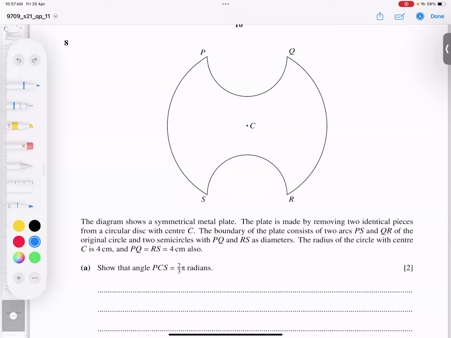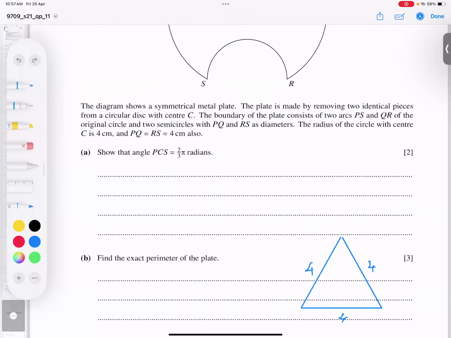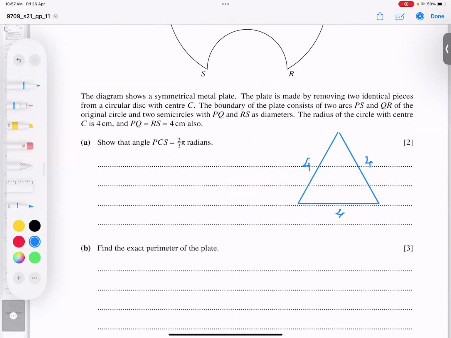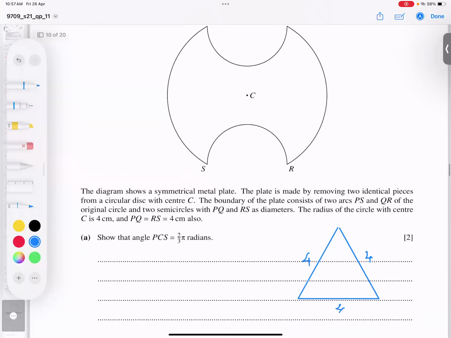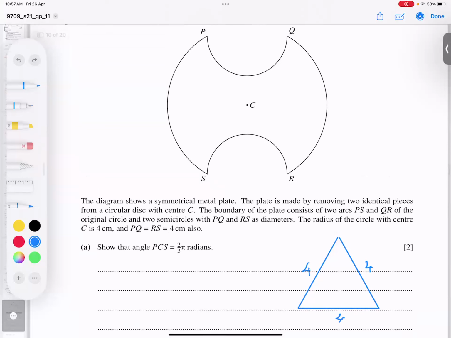He also said PQRS is 4 as well, so this distance is 4, this distance is 4, and even this distance is 4. I believe you got my point, and I got an equilateral triangle.